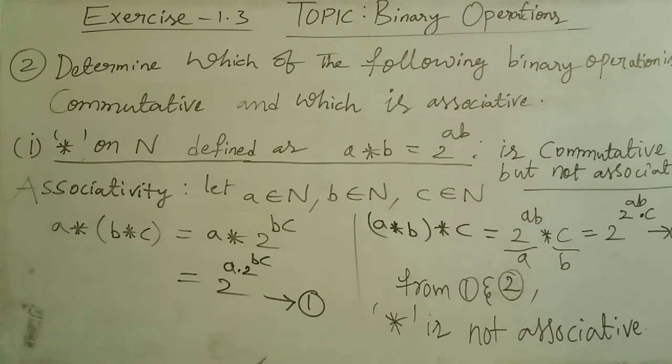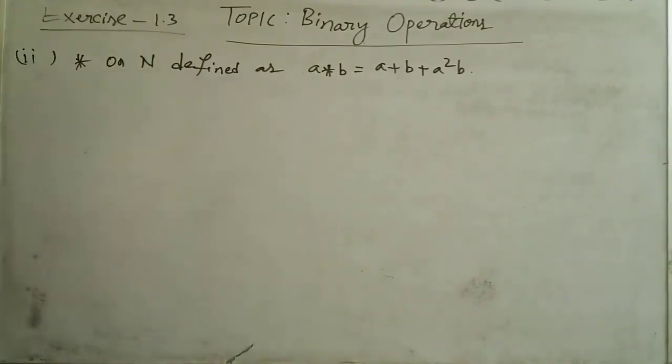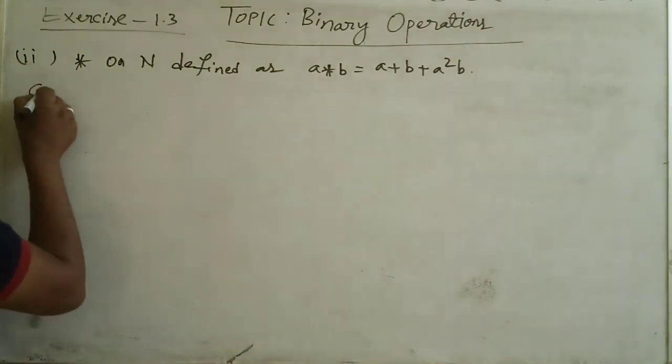This is about your first one. Let's move on to the second one, defined as A star B is equal to A plus B plus A square B. Here again we need to check commutativity and also associativity.